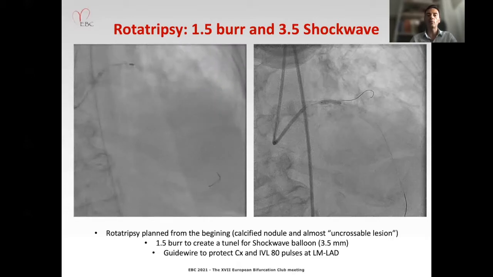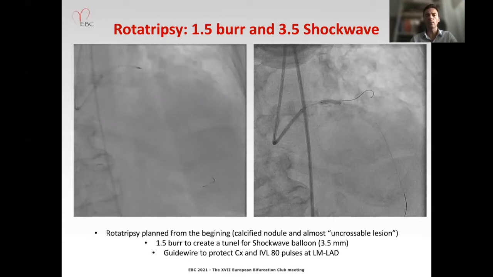advancing the rota wire through the Finecross and performing a rotational atherectomy at 1.5 bar. We knew that rotational atherectomy wouldn't be enough to ablate this calcium nodule, but it was necessary to deliver the shockwave balloon.